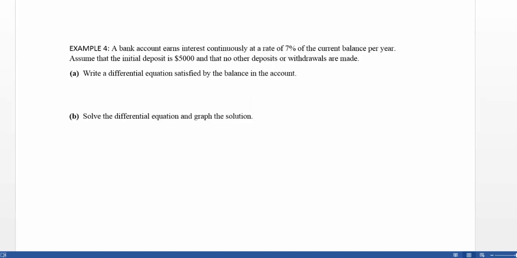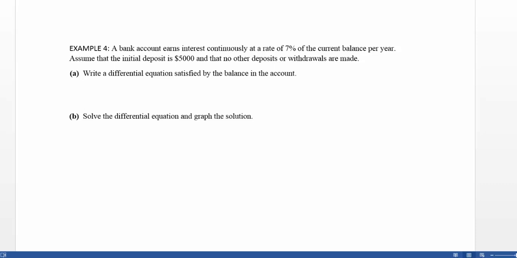Example 4. A bank account earns interest continuously at a rate of 7% of the current balance per year. Assume that the initial deposit is $5,000 and no other deposits or withdrawals are made. A. Write a differential equation satisfied by the balance in the account.